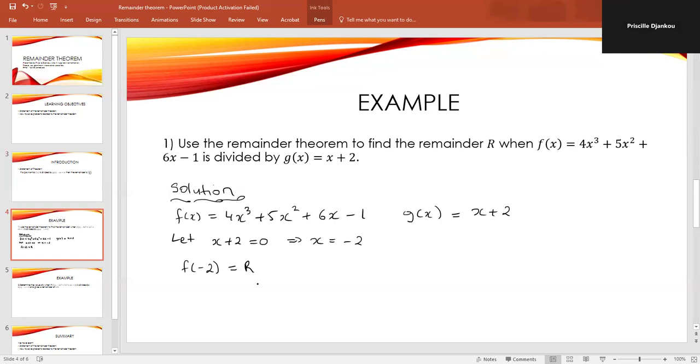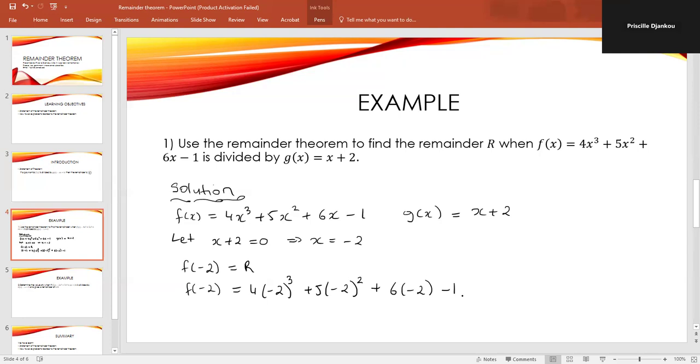So what we need to do now is to substitute minus 2 into the function f of x. So we're going to have f of minus 2 equals 4 times minus 2 to the power 3 plus 5 times minus 2 to the power 2 plus 6 times minus 2 minus 1.